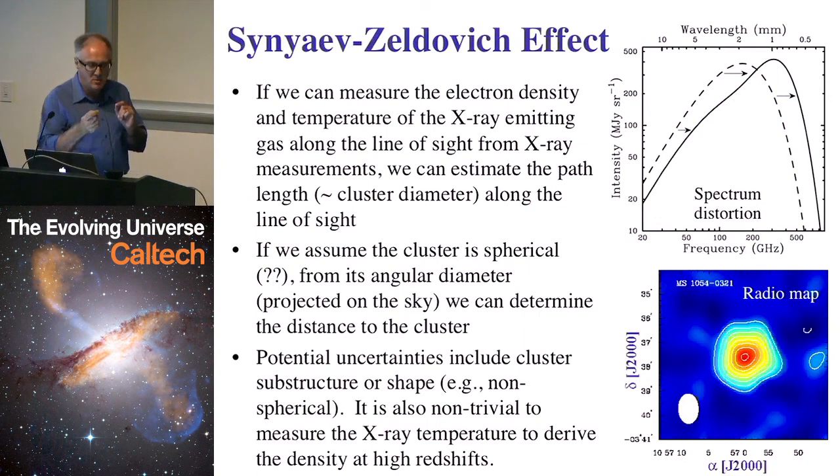So from X-ray measurement, finding temperature, and from microwave background measurements, finding the magnitude of this, and that's directly proportional to the depth. So that gives you the depth, say, in megaparsecs. Then you measure the angular extent of the cluster on the sky, and different clusters will have different orientation and shape, but on average, the size on the sky should be the same as the size along the line of sight, and so therefore you can use the angular diameter test.